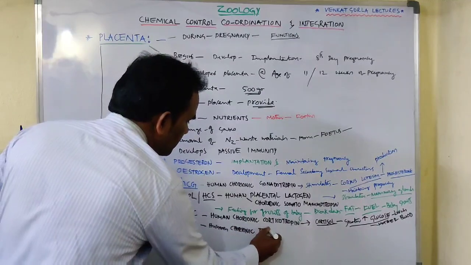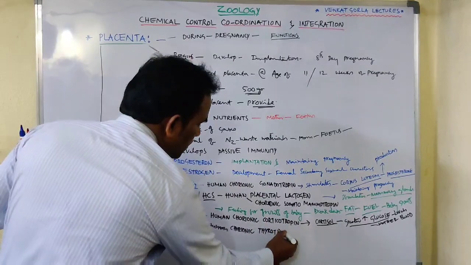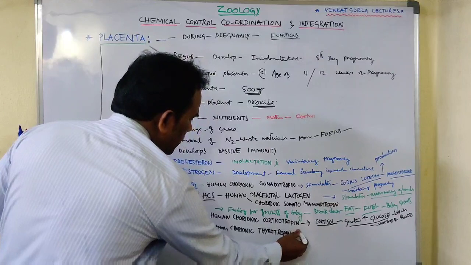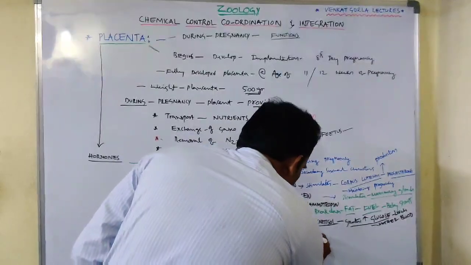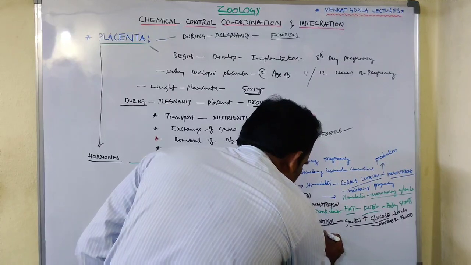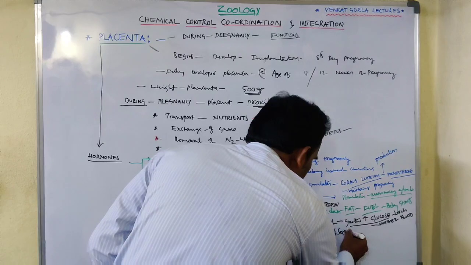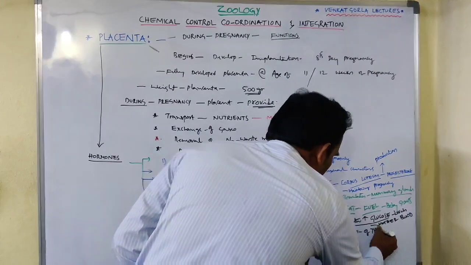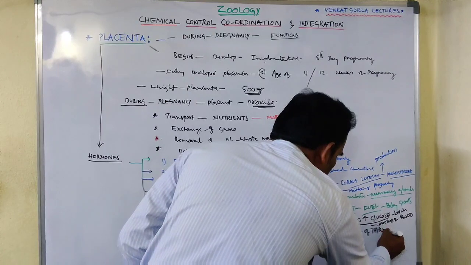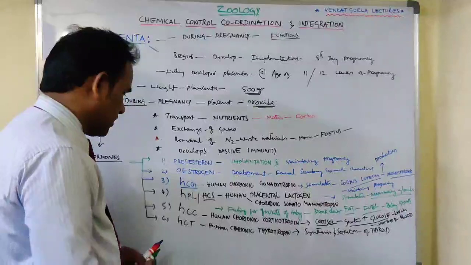Human chorionic thyrotrophin is mainly concerned with the synthesis and secretion of thyroid hormone. So this is another hormone.